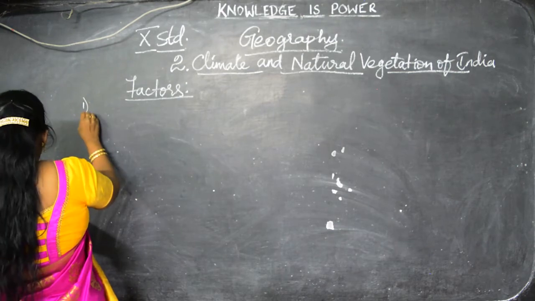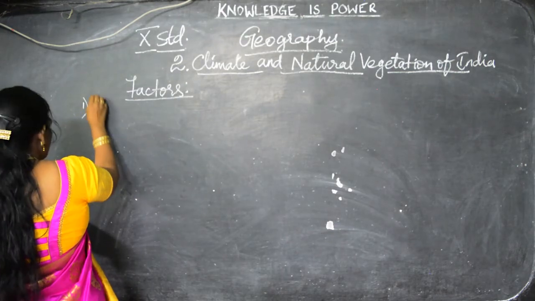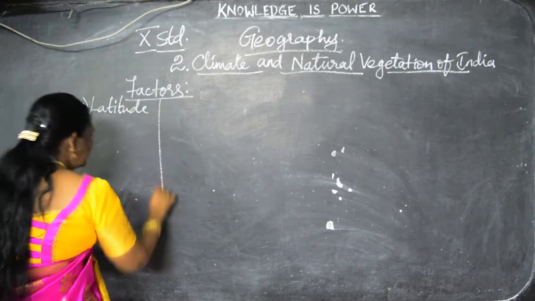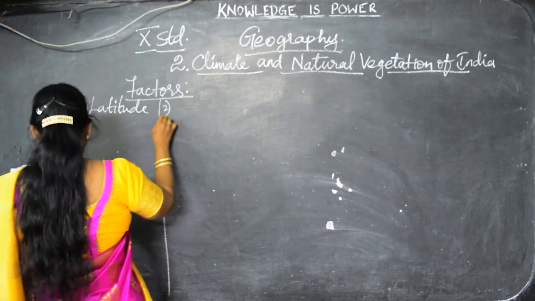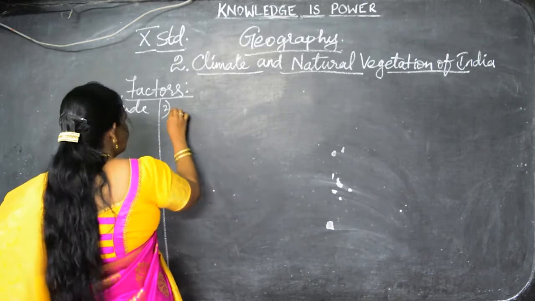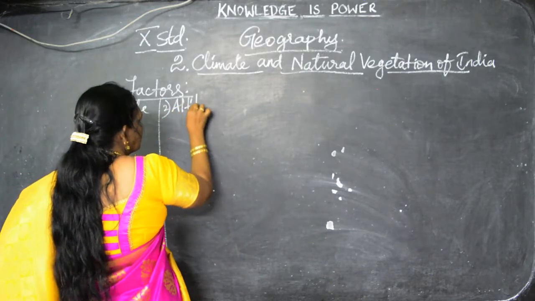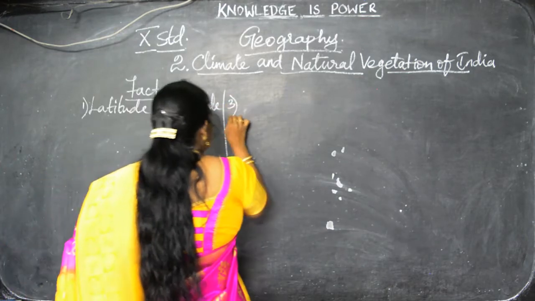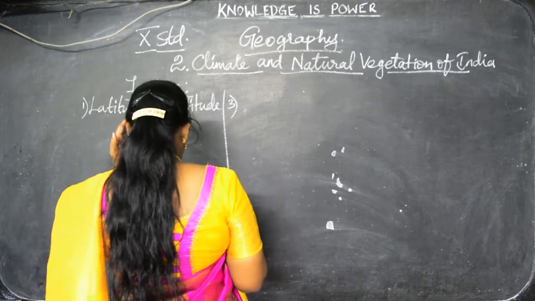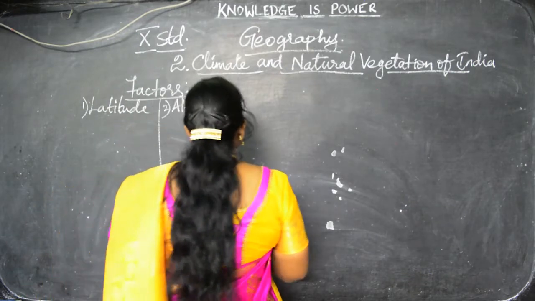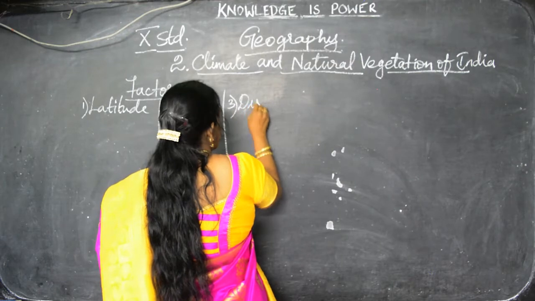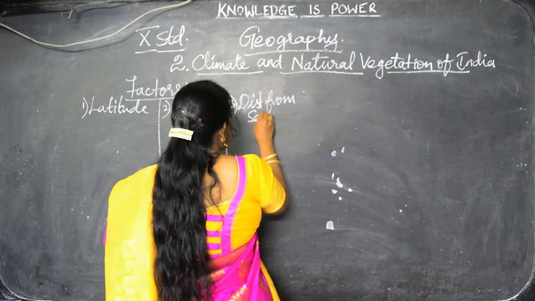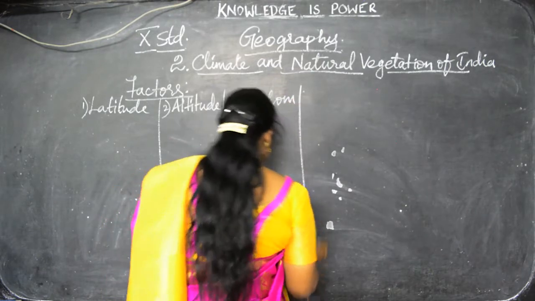First factor is the latitude. And the second one, altitude, and the third one, distance from sea.